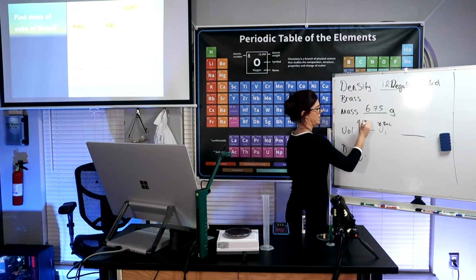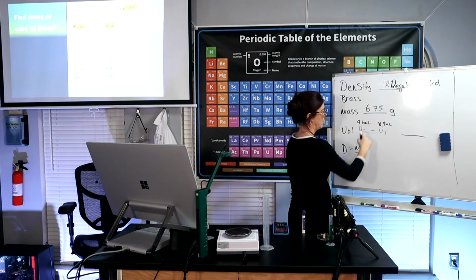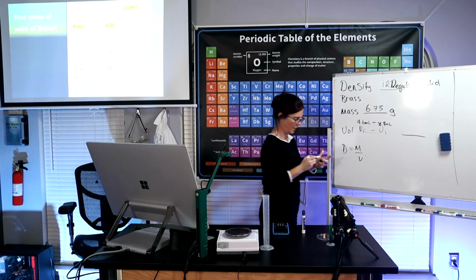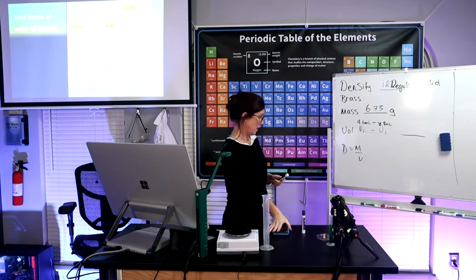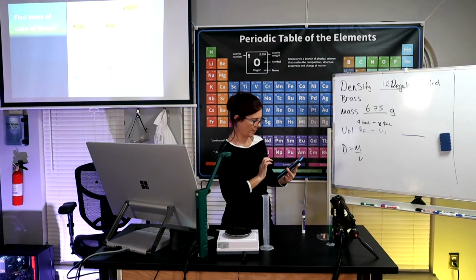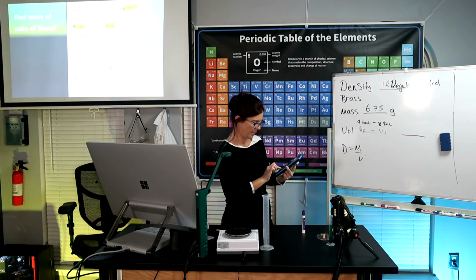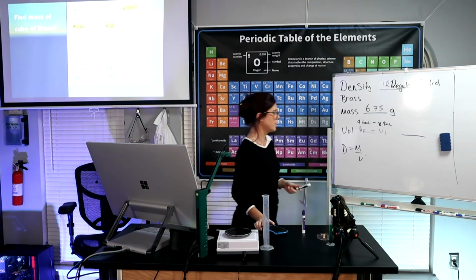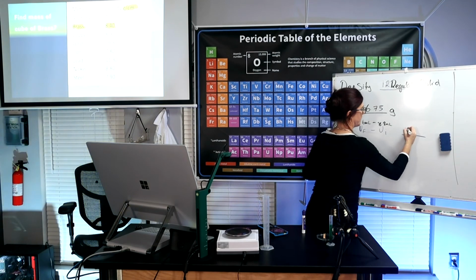So 9.6 milliliters. So the difference of these two, so 9.6 minus our 8.8 is going to give us, let's put that in our calculator. So 9.6 minus 8.8 is going to give us 0.8 mils.